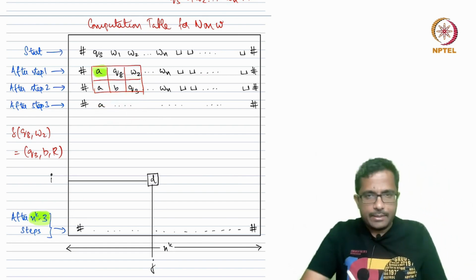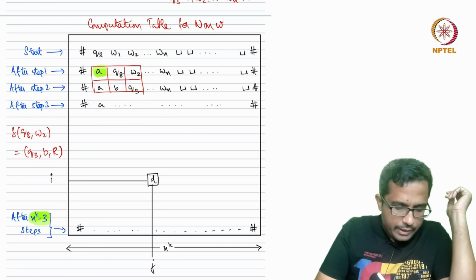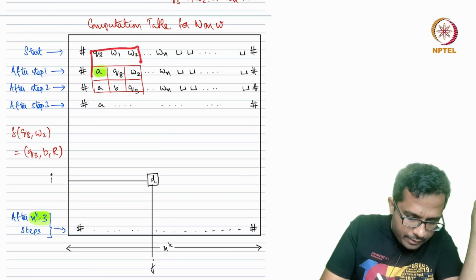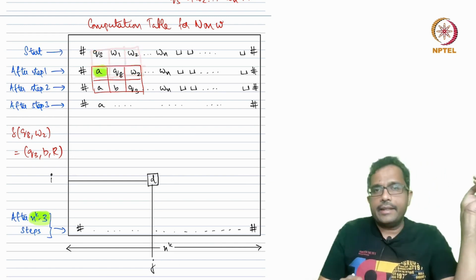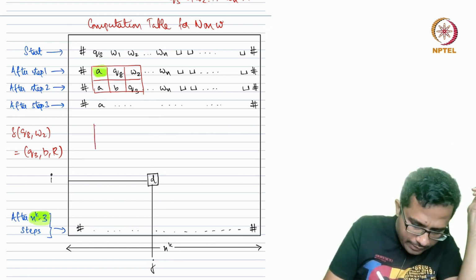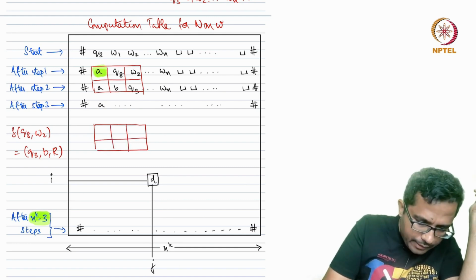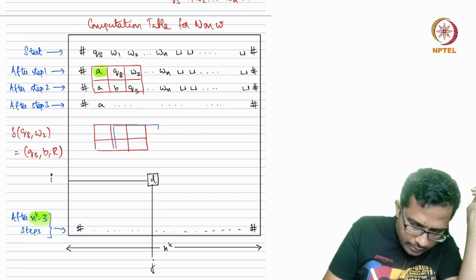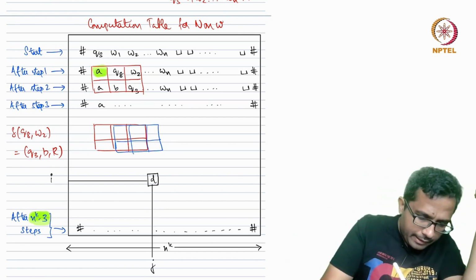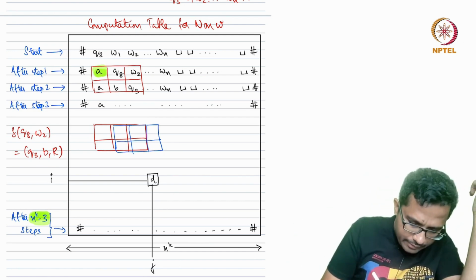So what do we want to check? I will explain that. We cover the entire table using these 2 by 3 windows. Divide is not the right word; cover is the right word. And there will be overlap. If there is a window like this, the next window will be something like this, with everything moved one step forward, and the next window will be this, and yet another window will look something like this, one step below.